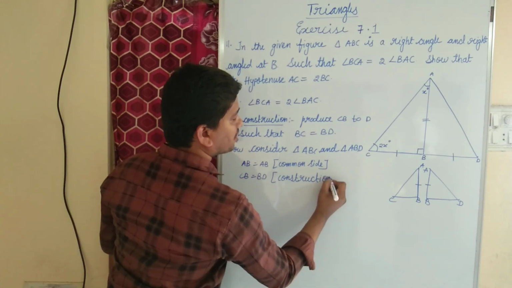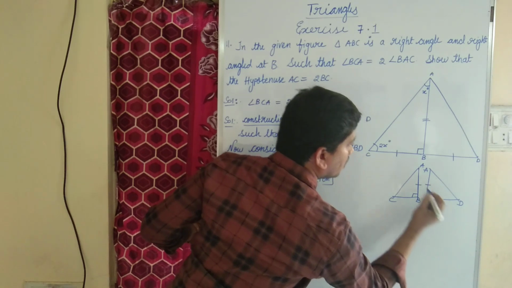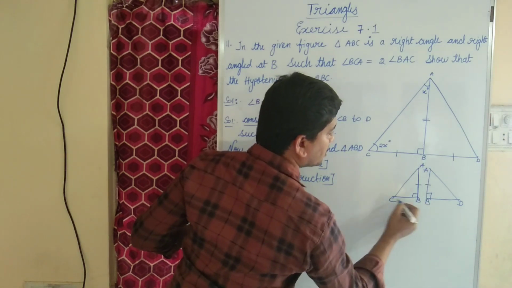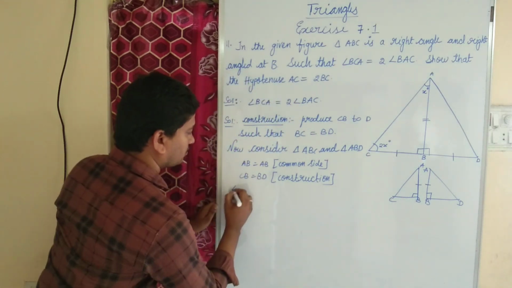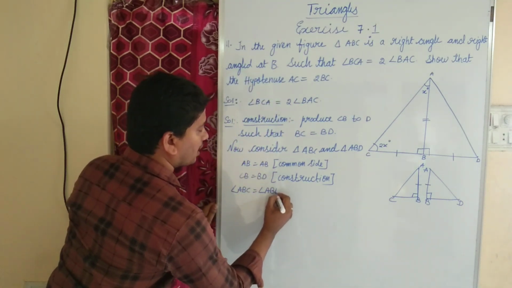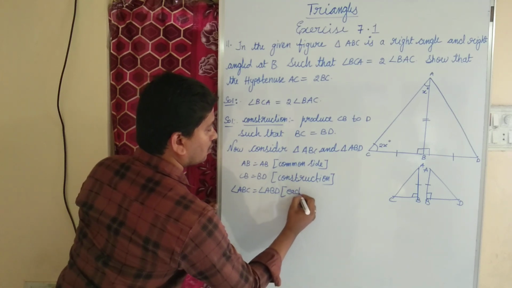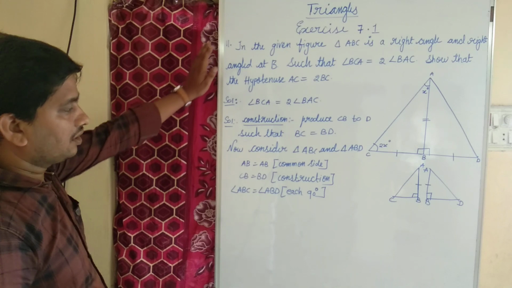This is by construction. And also angle ABC equal to angle ABD, each 90 degrees. Right?